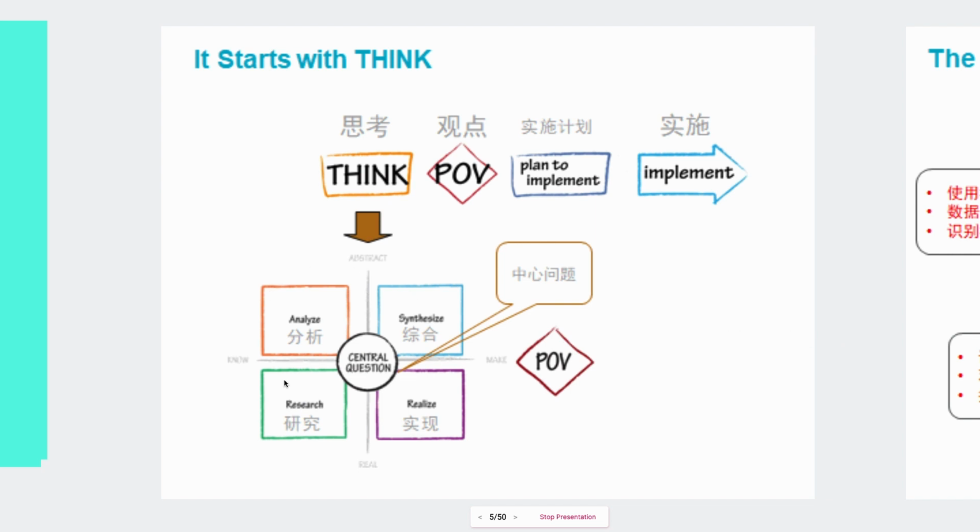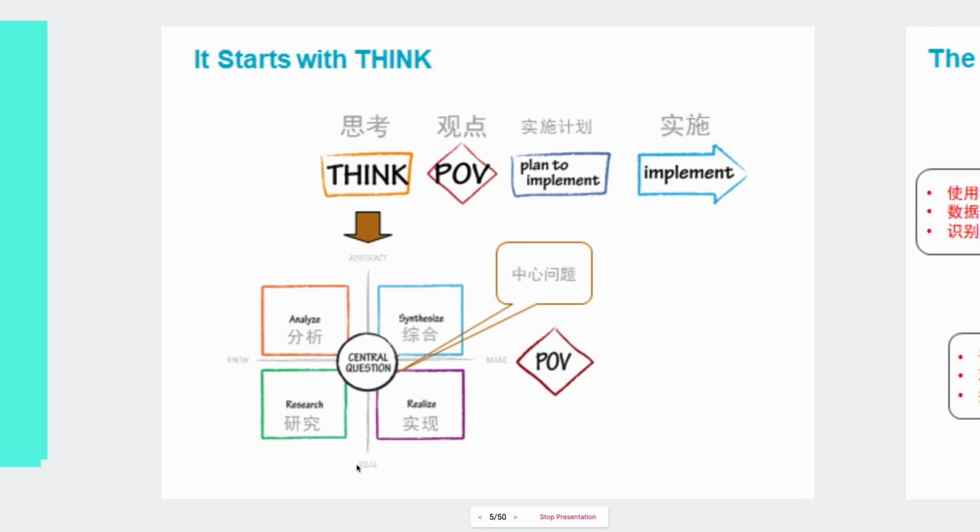For the think part, as you can see, we also have 4 very important steps. The first is the research step. Then we go to analyze. After analyze, we go to synthesize. And then the last one is realize. And in the center, in the middle, is the very important central question.